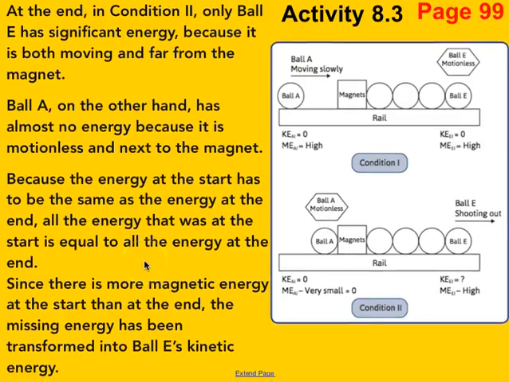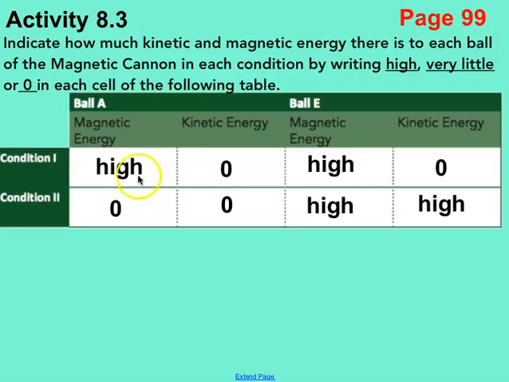All the energy that was at the start is equal to all the energy at the end. Since there's more magnetic energy at the start than at the end, the missing energy has to have been transformed into KE. So again, there are high amounts at the start, and there are high amounts here. All this KE must have been transferred over here. That's why it shoots out so fast.